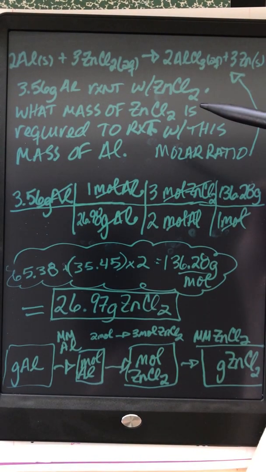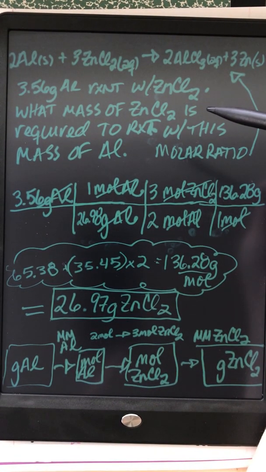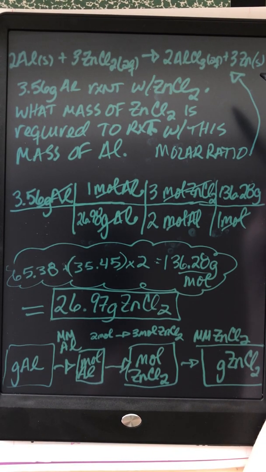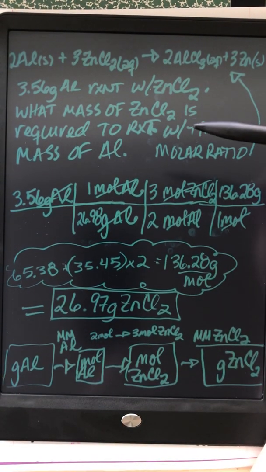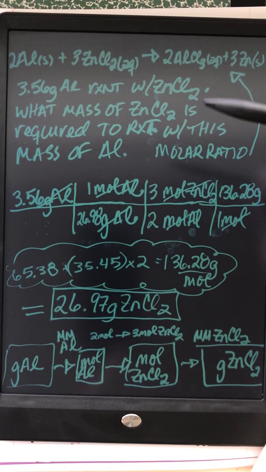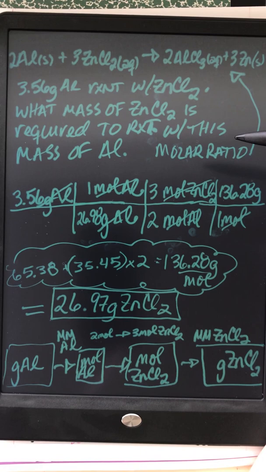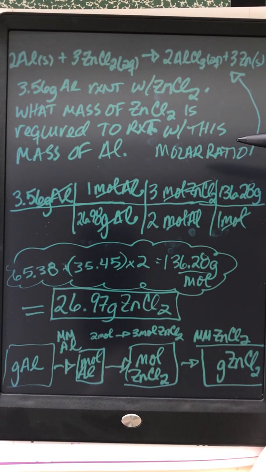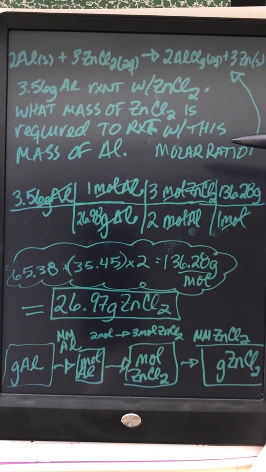We could be asking, if we have this much aluminum, how much zinc would be formed, assuming that we had excess zinc chloride. We could be asking, if we had this much zinc product made, what must we have started with? So do you see how the permutations of the questions are very numerous? The ways that I can ask this question are varied, and there are a lot of them.